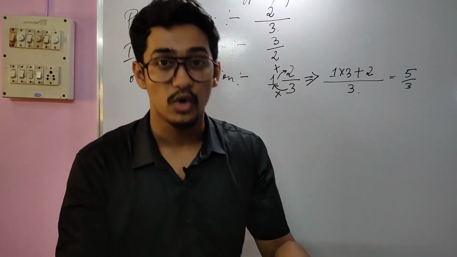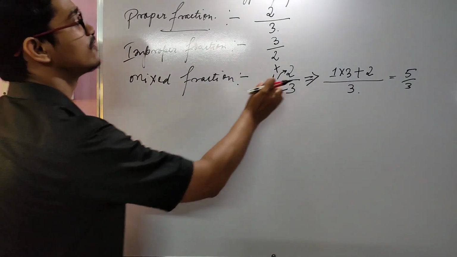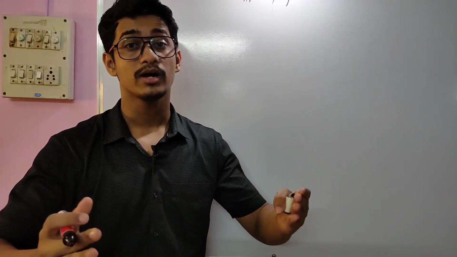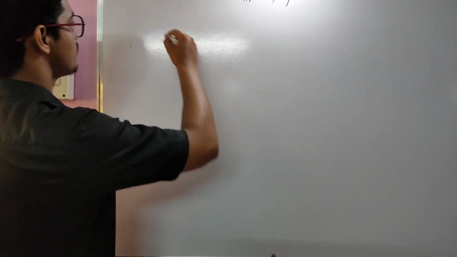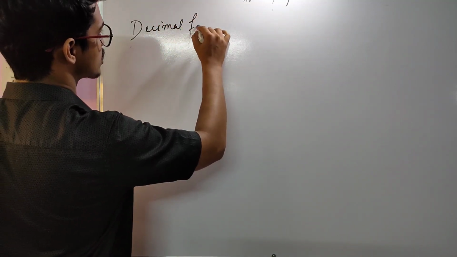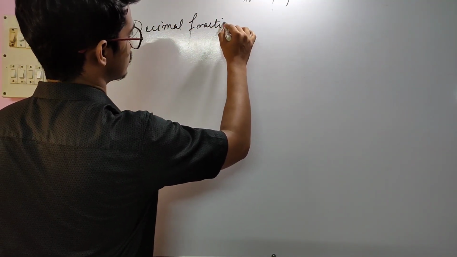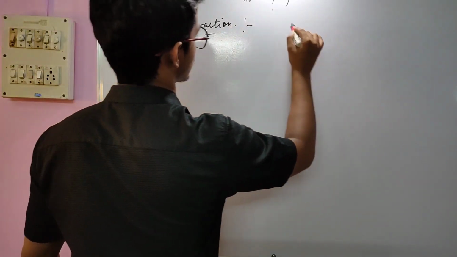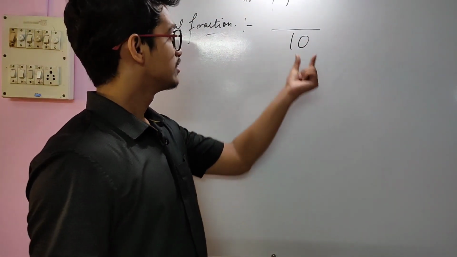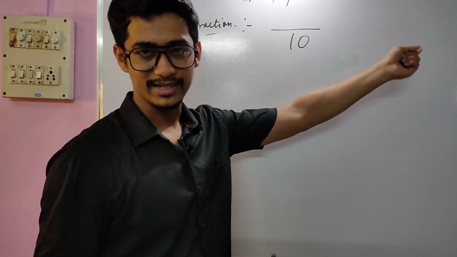So mixed fraction is what? Mixed fraction is the combination of natural number along with proper fraction. Now comes the decimal fraction. Decimal fraction is nothing but this type of fraction where the denominator is 10, 100, 1000, 10,000.